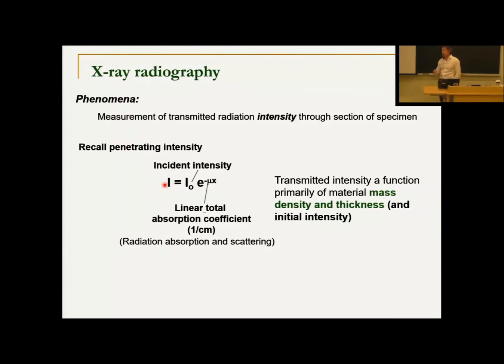So we measure intensity of this energy on the far side, and from that we can see, in this kind of negative exponential function, that it's a function of the distance that it travels through the material and this linear absorption coefficient, which fundamentally is based on the atomic density, the spacing between atoms, and the atomic weight of those atoms, right? So we can get some sort of idea of density, mass density changes, and thickness changes.